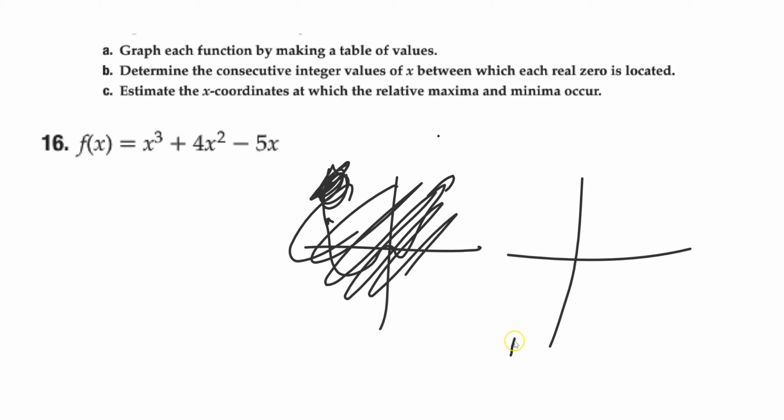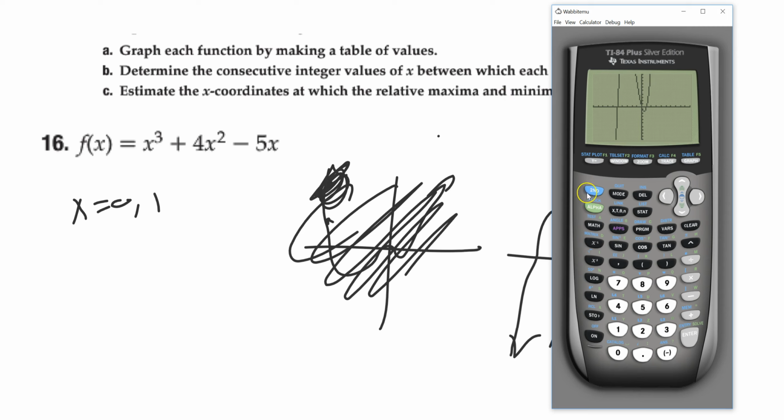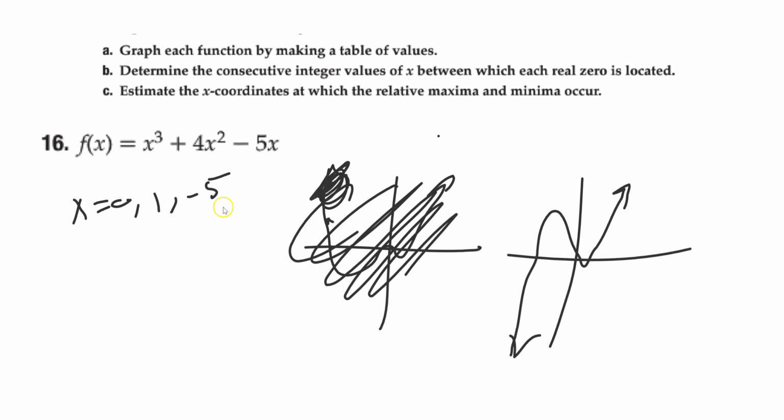Okay, so like this. My zeros were 0 and 1 for sure. Right, because again, look at the graph. Look at the table. They happen at 0 and at 1, those are just zeros. And then it wants me to find the remaining 0. So again, you look for a sign change. So keep on going. Oh, well, I actually got a 0 again, at -5. So those are my zeros.